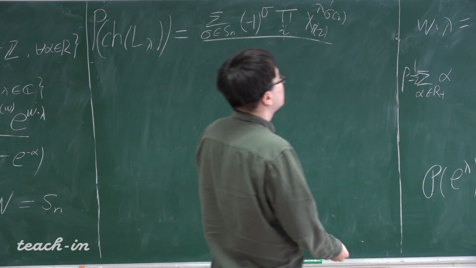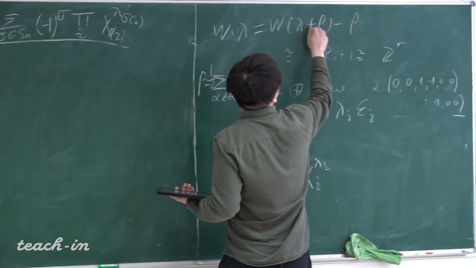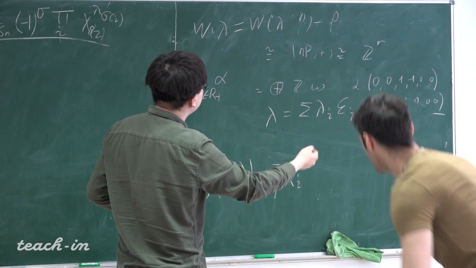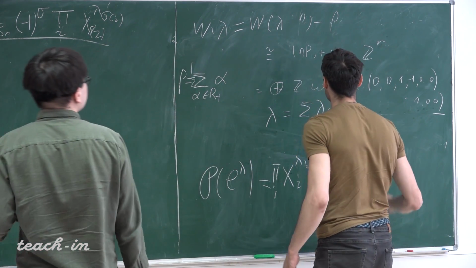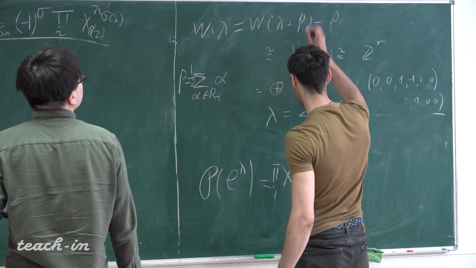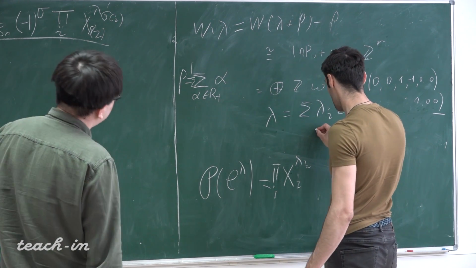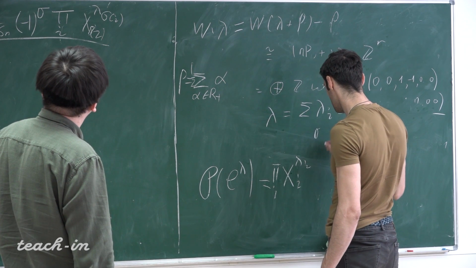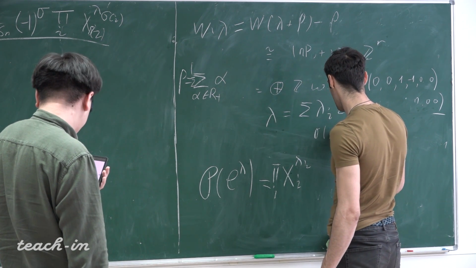I think you first should write rho. What I'm saying is the following: what is sigma acting on lambda?